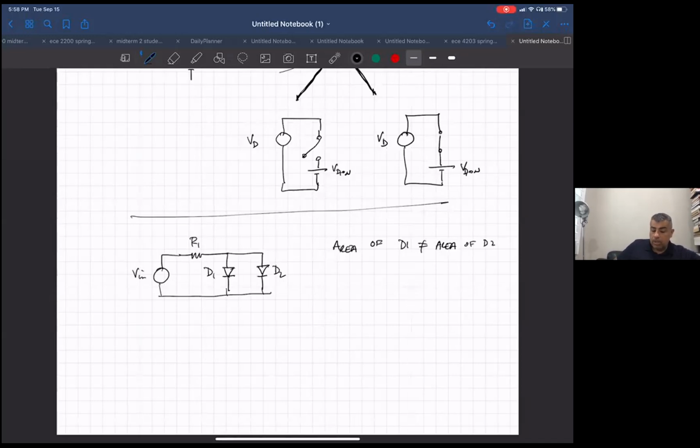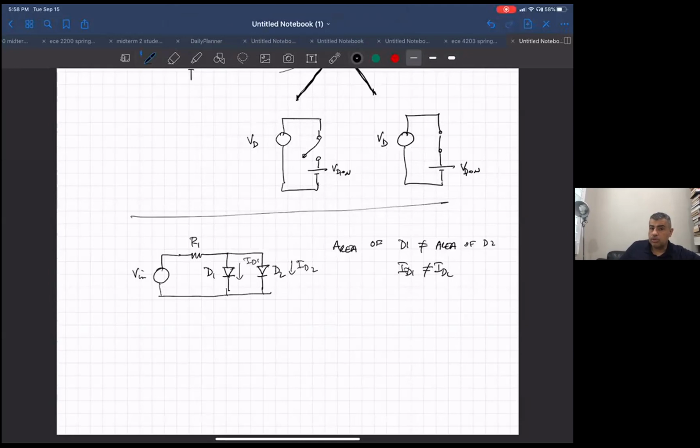Basically what that means is, a different current is going to go through D1 than it is through D2, which means that ID1 is unequal to ID2.